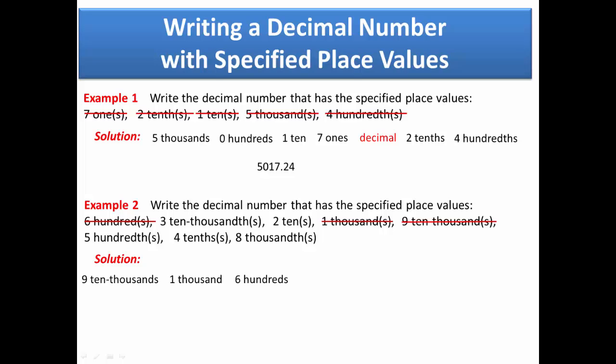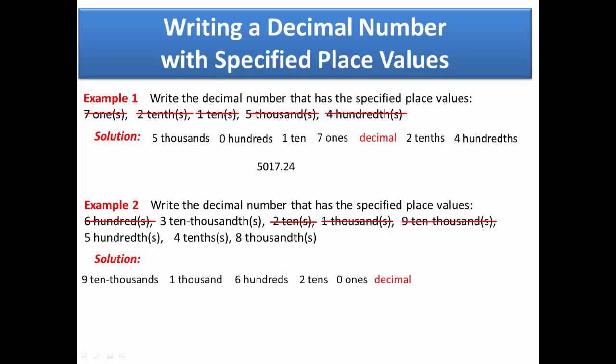The next one would be the tens. We have 2 tens, and following that would be the ones. Notice we do not have any ones listed here, but we do need a place value for the ones, so we would have 0 ones. After the whole number will follow the decimal point, then the fractional part of the number.